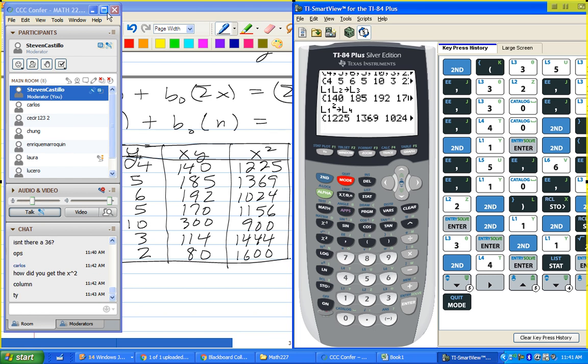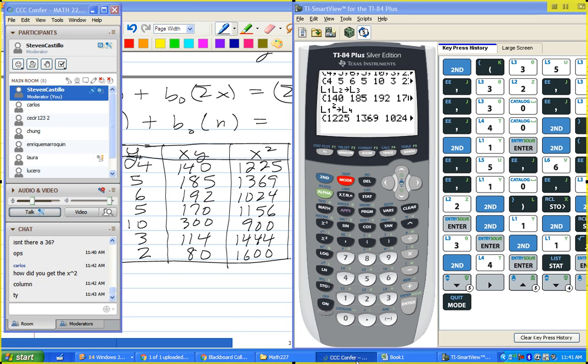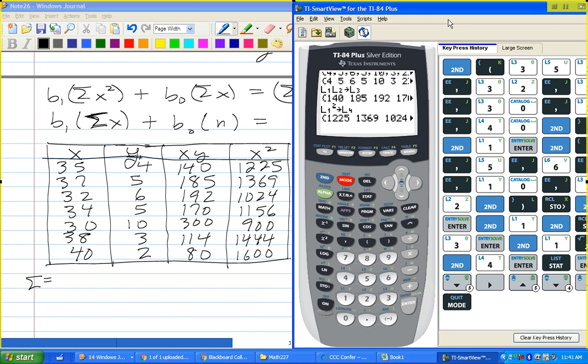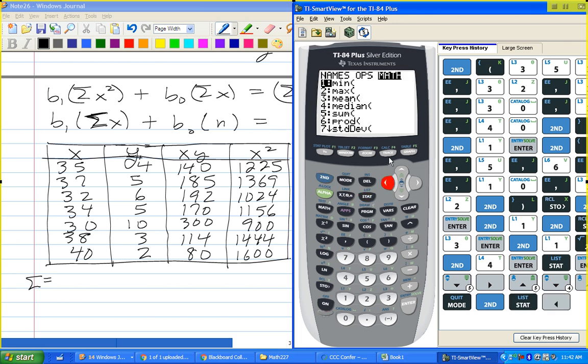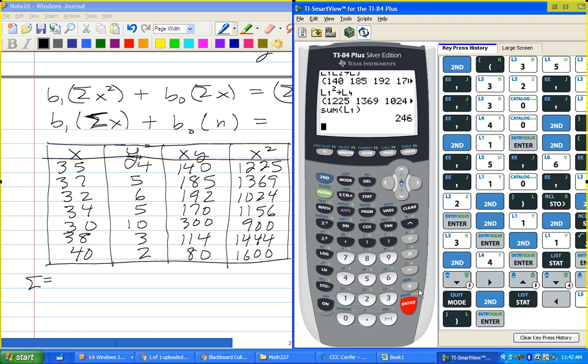Now, oops, hit the wrong thing. Now, let's find the sum of all these. So go to list, math, sum of L1, 246.